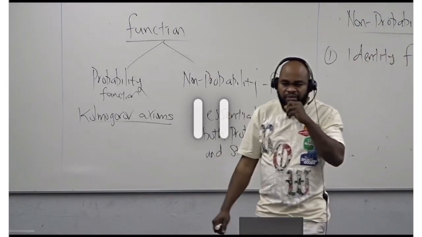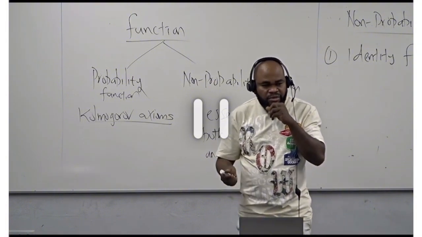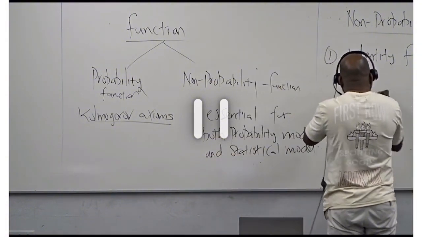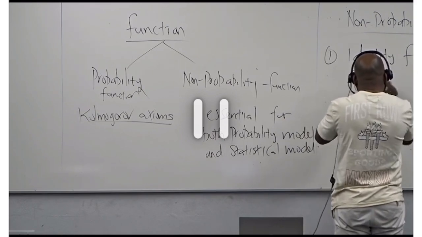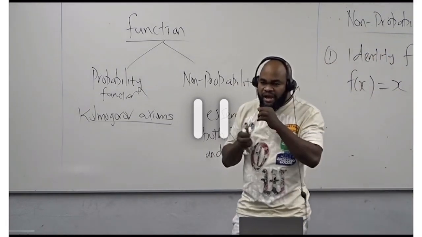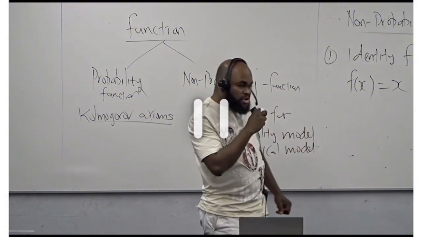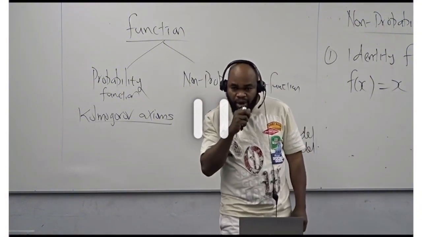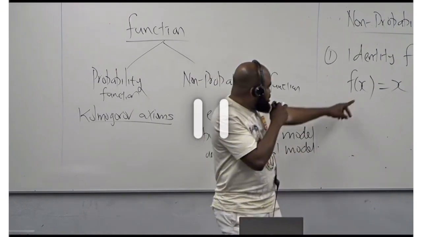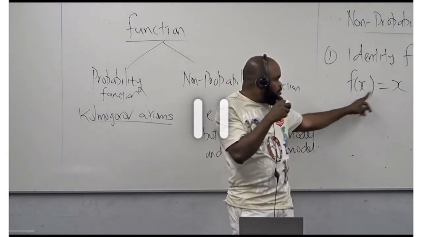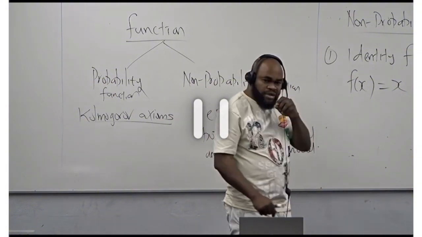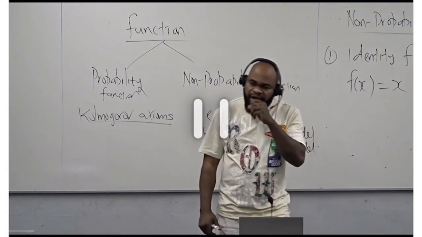When I say an identity function, I'm referring to f(x) = x, a situation where you return the same value of input as output. That's what we call an identity function.